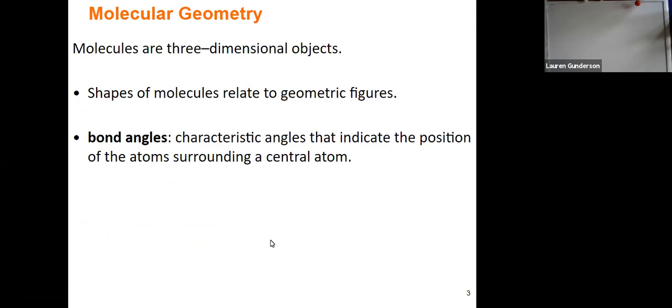And the shapes of the molecules are going to look very similar to standard geometric figures. They're going to have specific angles associated with them around the central atom. And that's going to be like the optimal positioning to decrease the amount of repulsion between the electrons in a molecule.